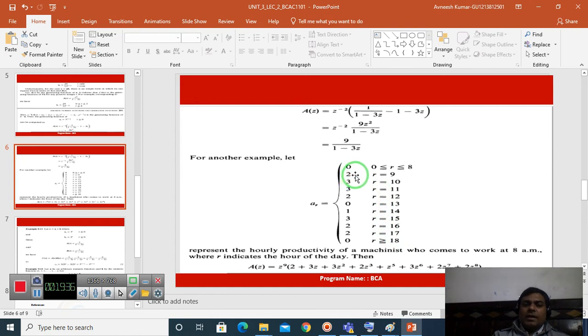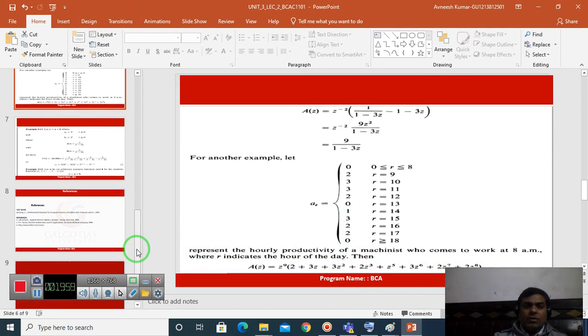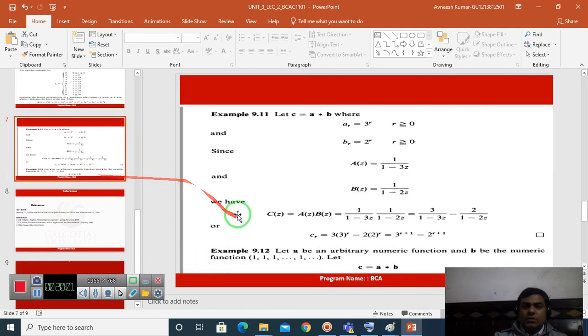Taking z to the power 9 as common, it becomes 2 plus 3z plus 3z square plus 2, and so on. Now we put the value, and then we get the solution.